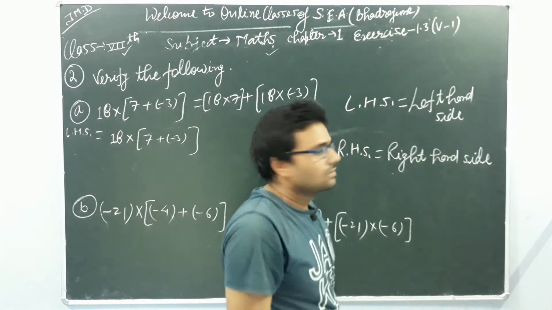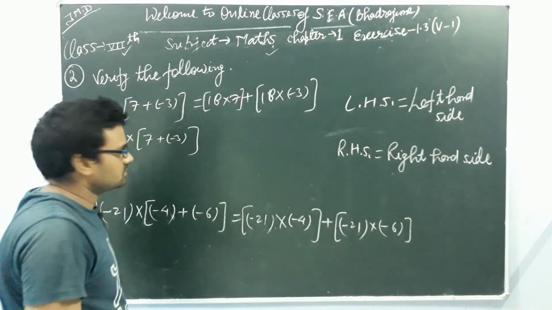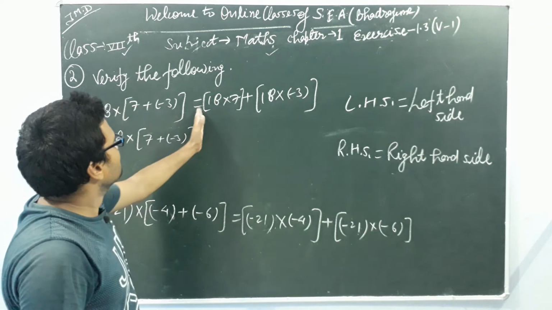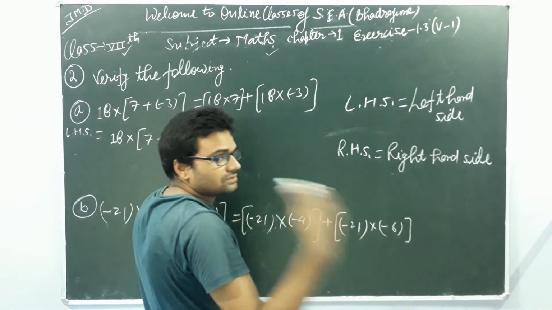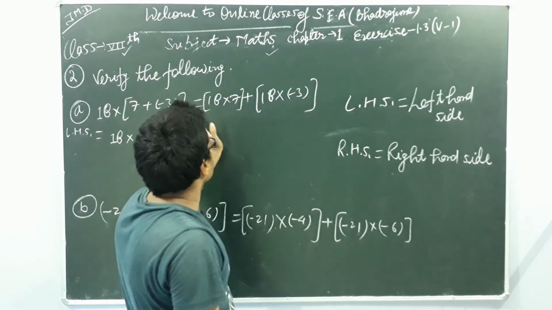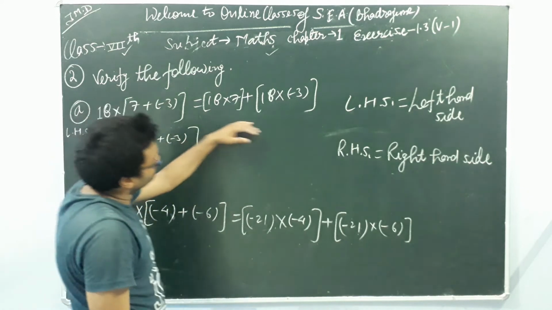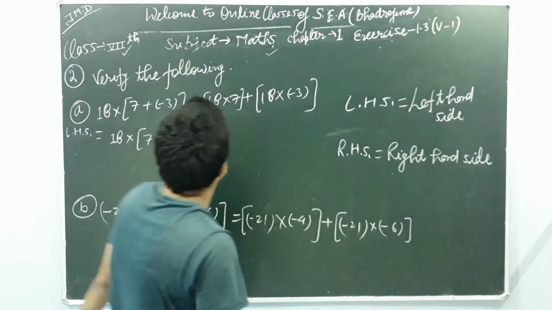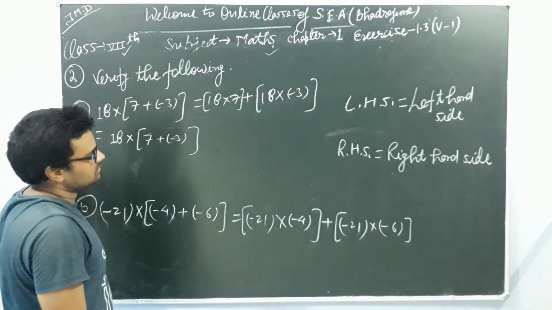Actually we are having two hands. This one is right hand, so the side on the right side of the equal sign is called RHS, right hand side, or the side on the left side of the equal sign is called LHS, left hand side.